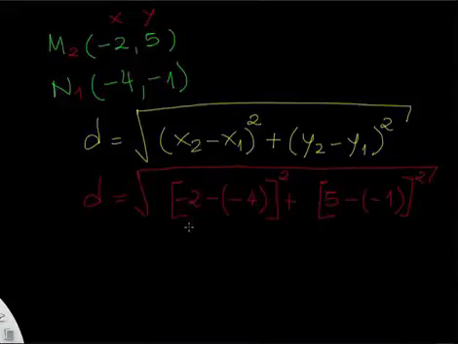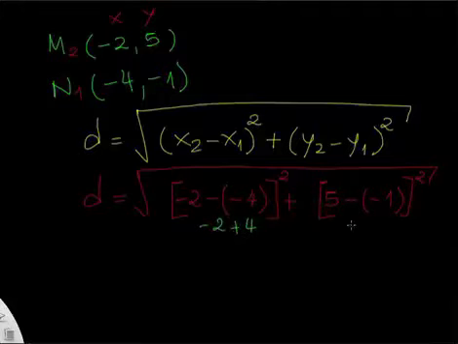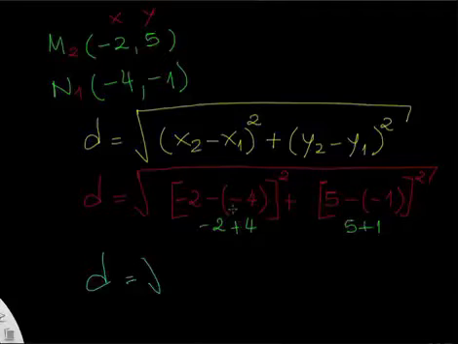So let's make sure that I don't do any mistake. Negative 2, what will happen with the sign here, they become positive. So it's negative 2 plus 4 and 5 plus 1. I'm going to write all the steps for you. Okay? So now I'm ready. The distance is going to be equal to the square root of what do I have?